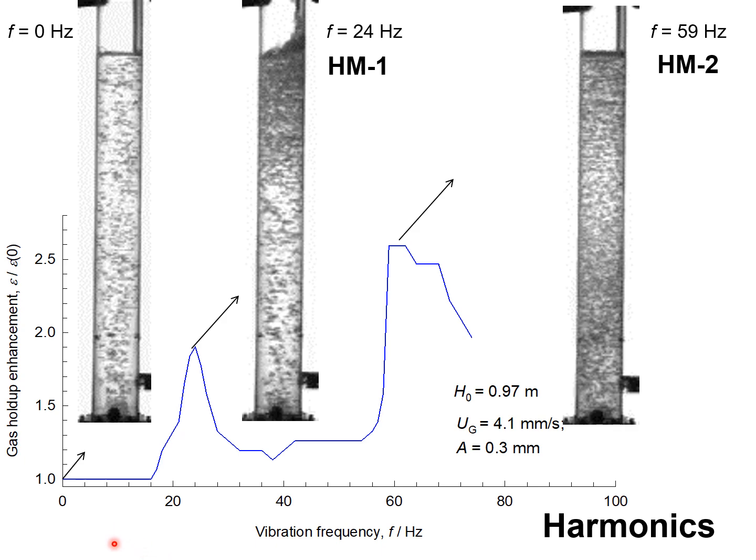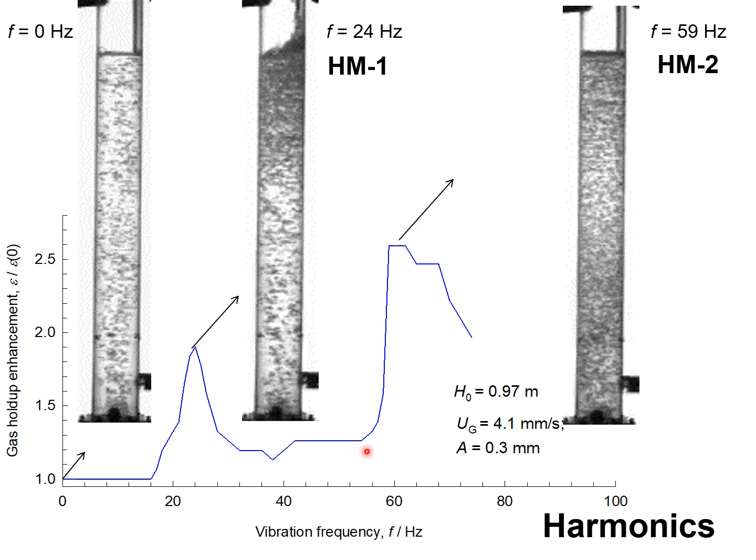We show video recordings of the column operation for a vibration frequency of 0, in other words, an unvibrated column, and a column that corresponds to a vibration frequency of 24 hertz. And we would like to demonstrate that this is the first harmonic for the bubble column operation.